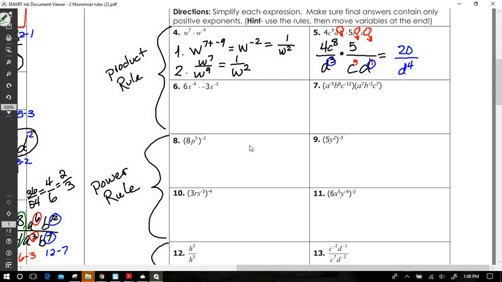I have one on top and I have one on bottom. So 8 is bigger than 5. So the C is going to stay on top. And 8 minus 5 is 3. So that's my final answer. 20 times C cubed divided by D to the 4th power.